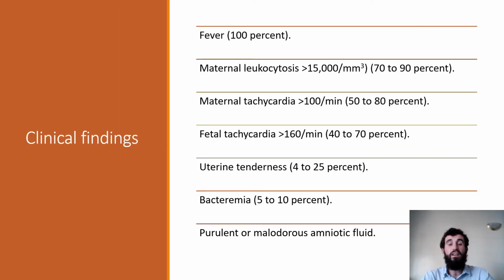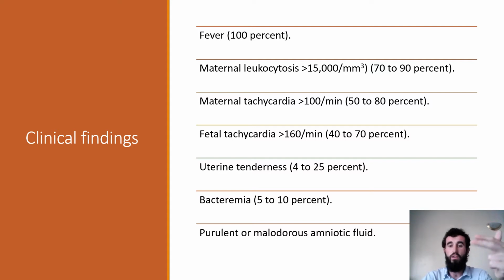So which are the clinical findings now in chorioamnionitis? First of all, we have to always remember that we always have fever. 100% of the cases will present with fever. Also, we will see maternal leukocytosis, well known as over 15,000 leukocytes. We will find tachycardia, maternal, over 100, and fetal, over 160.